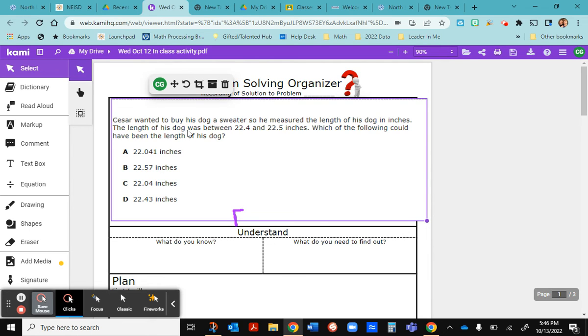It means that you have a beginning and you have an end. What's in the middle? Remember, every time you hear that word between, think of the beginning and the end. What's in the middle? So between 22 and 4/10 and 22 and 5/10 inches. Which of the following could have been the length of his dog?